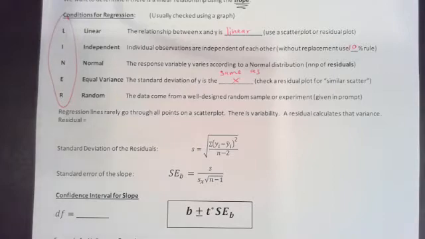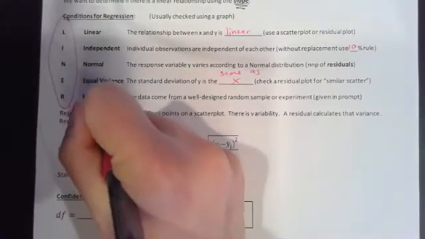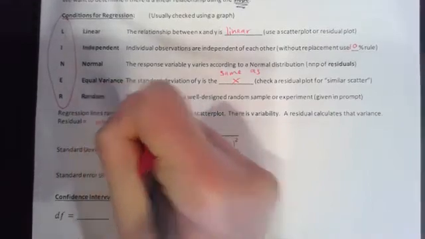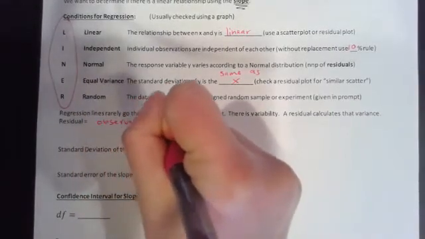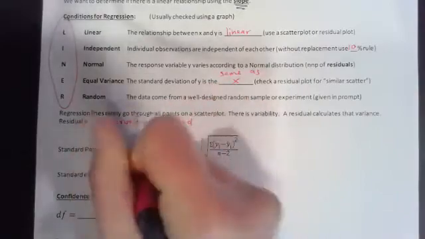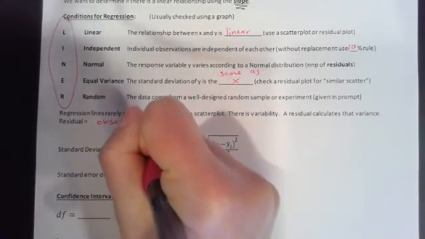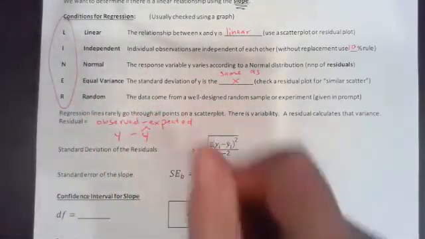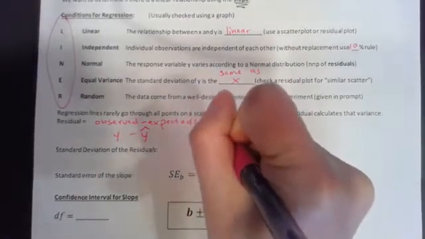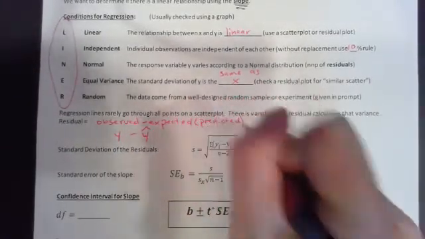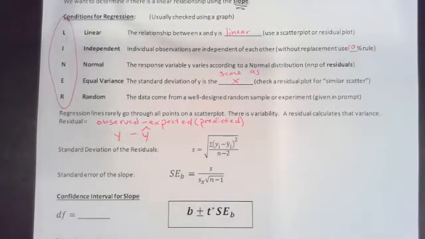So the equation for a residual is the observed minus the expected, and this is y minus y hat. I like to use predicted. That's probably what you'll hear me saying when I bring this up again. Observed minus predicted, observed minus expected, y minus y hat.